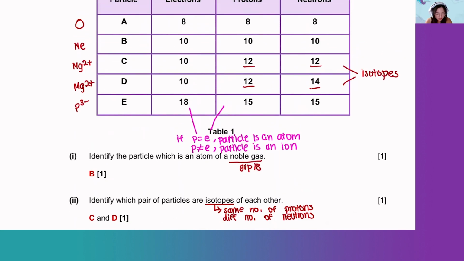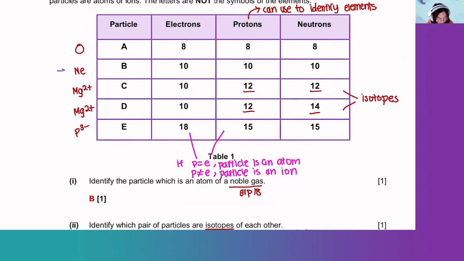Neon is my noble gas, and it cannot form any ions because it already has a fully filled valence shell. So it does not need to form ions, meaning neon is out already.